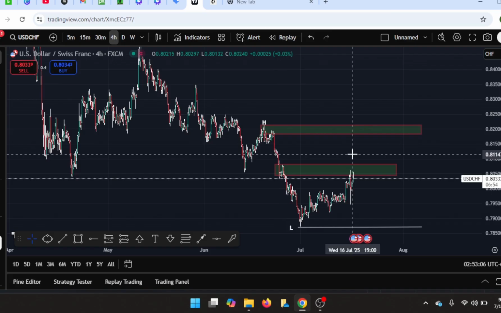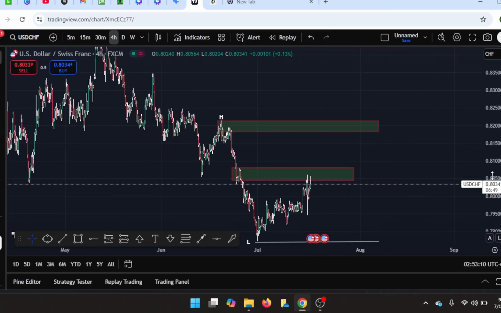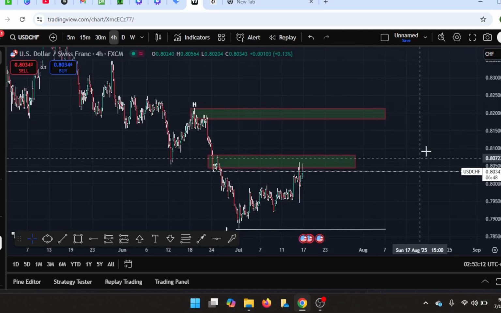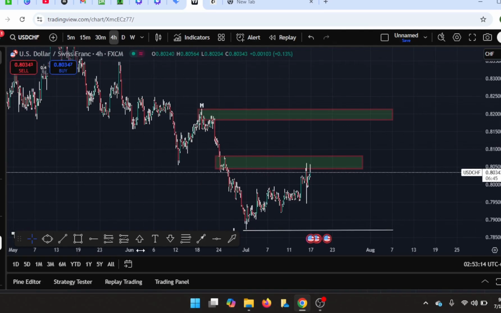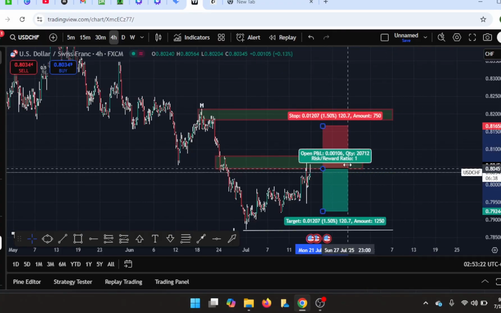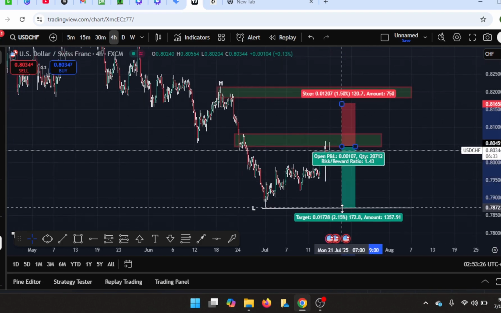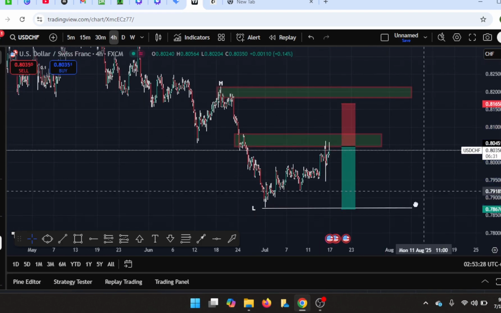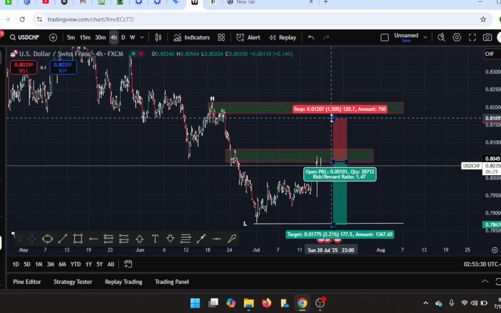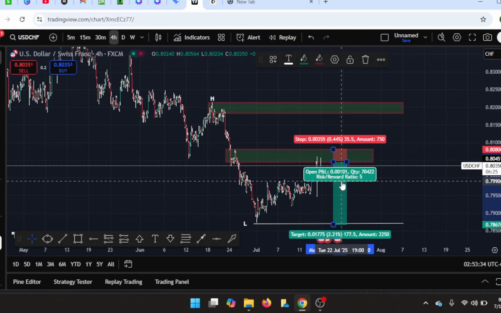If you are not good at placing your stop loss, some traders that are not experienced in placing their stop loss, this is what they will do. Let's take our TP at the current low level. They will likely place their stop loss something like this.